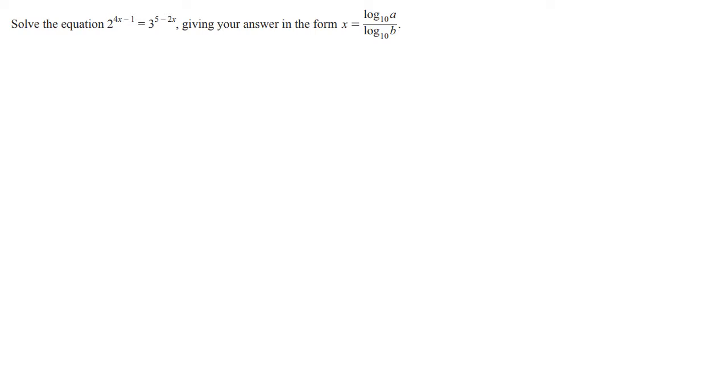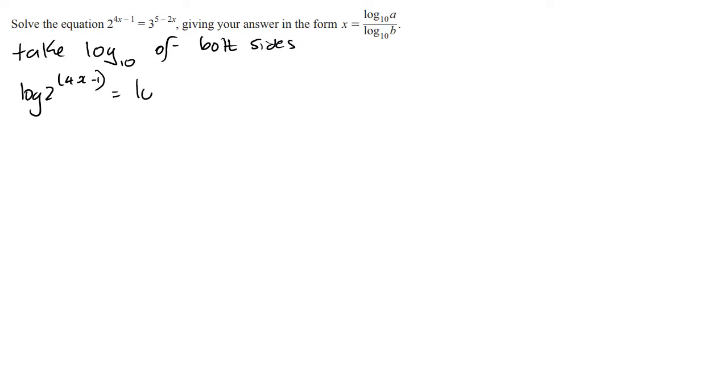So we would go straight into taking logs of both sides, up to base 10 of both sides, so that we have log 2 to the 4x minus 1 equals log 3 to the 5 minus 2x.